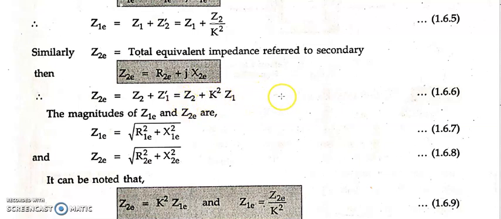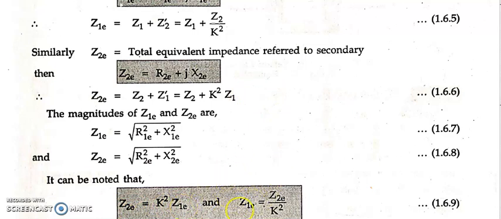Z1 plus Z2 by K square. But Z2 by K square is nothing but Z2 dash. So in the bracket I have Z1 plus Z2 dash, and we know that Z1 plus Z2 dash is nothing but Z1E. So whatever terms are present in the bracket can be replaced by Z1E. So Z2E will be equal to K square into Z1E.